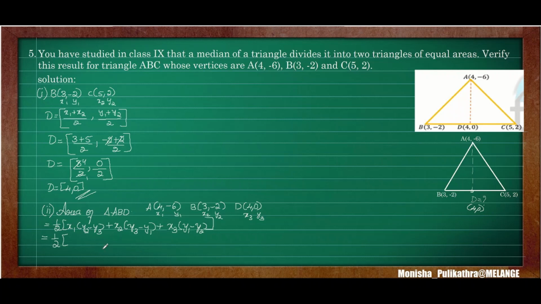Okay, so x1 is 4 into (y2 minus y3), that is minus 2 minus 0, plus x2 is 3, y3 is 0, minus of minus 6, y1 is minus 6, plus x3 is 4 into y1 is minus 6, y2 is minus of minus 2. Okay, so half into 4 into minus 2 minus 0.